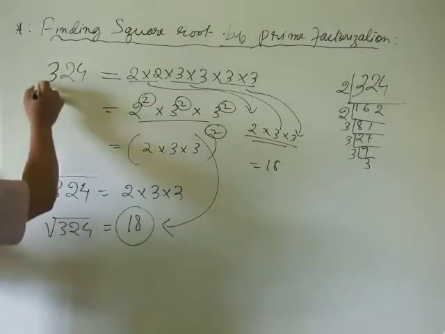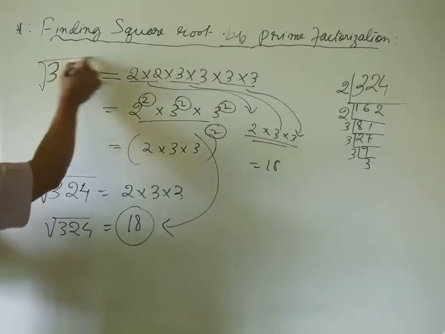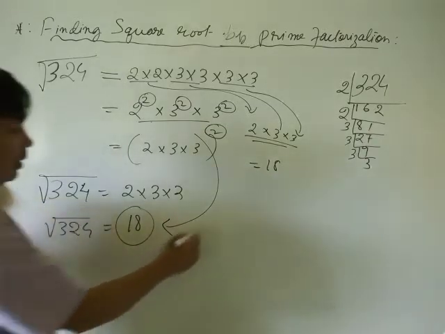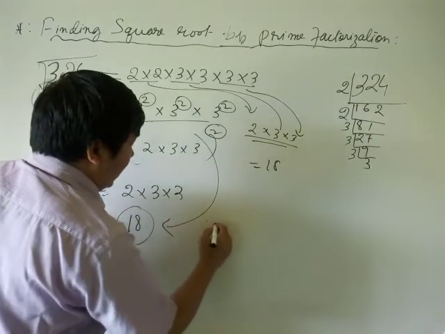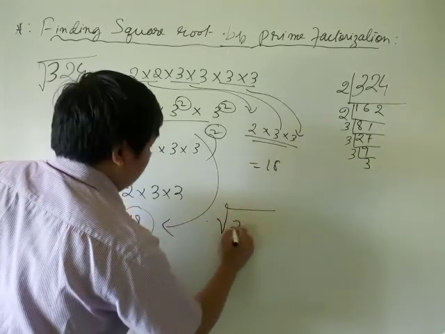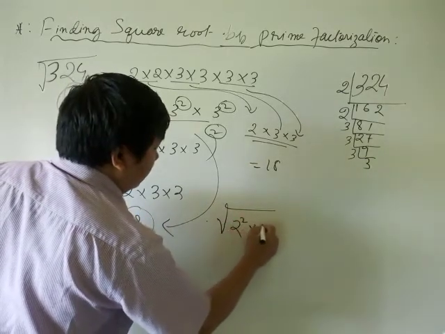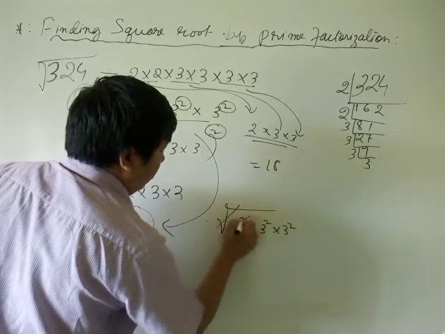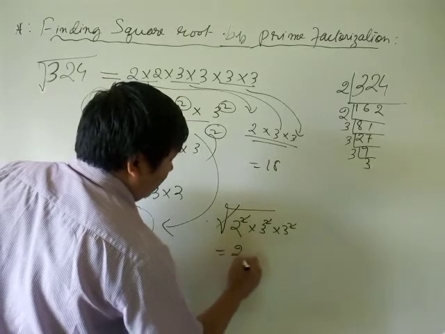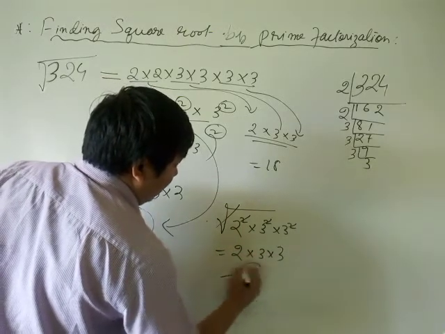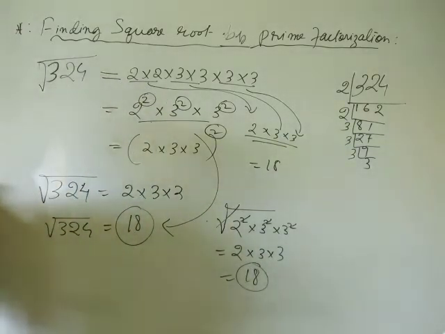If you write it like this, square root over 2 to the power 2, 3 to the power 2, and 3 to the power 2, all will cancel, and you get 2 into 3 into 3, which is equal to 18. Like this you can also write it to understand.